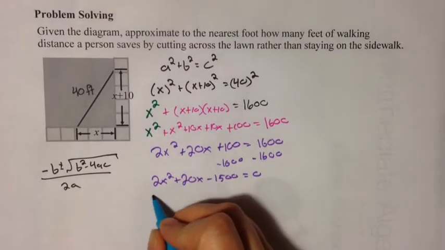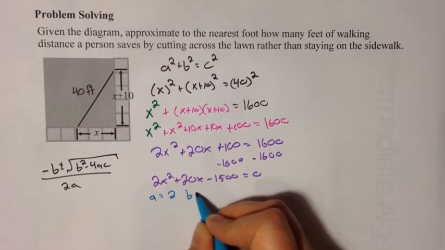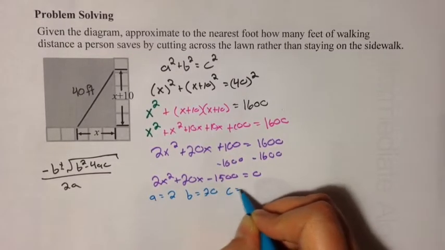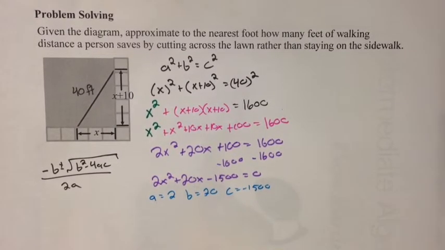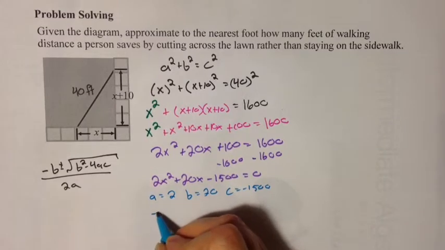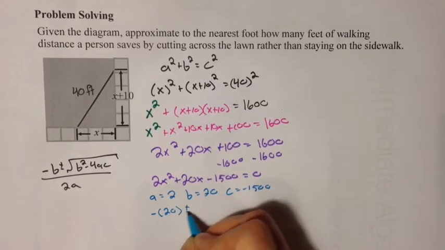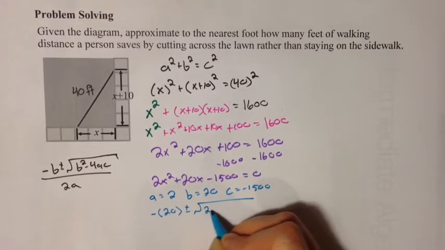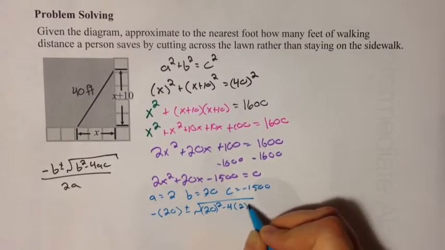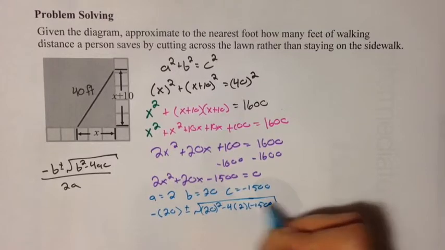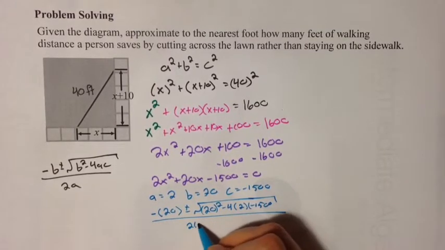In this case, a is 2, b is 20, and c is negative 1500. Plug those all into my quadratic formula, and I'll have negative 20 plus or minus the square root of 20 squared minus 4 times 2 times negative 1500 all over 2 times 2.